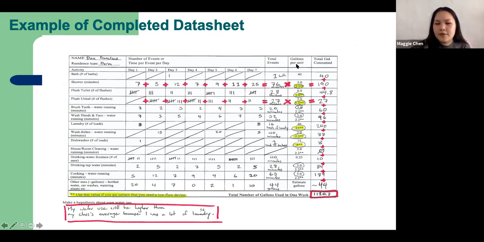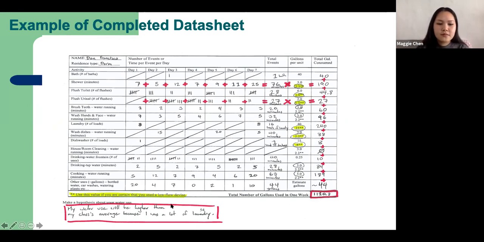So after you multiply your total events by your gallons per unit, that's going to equal your total gallons consumed. And you would add all of that up to get your estimated total number of gallons used in 1 week. So that's the amount of water that you use within that 1 week. You're going to make a hypothesis.